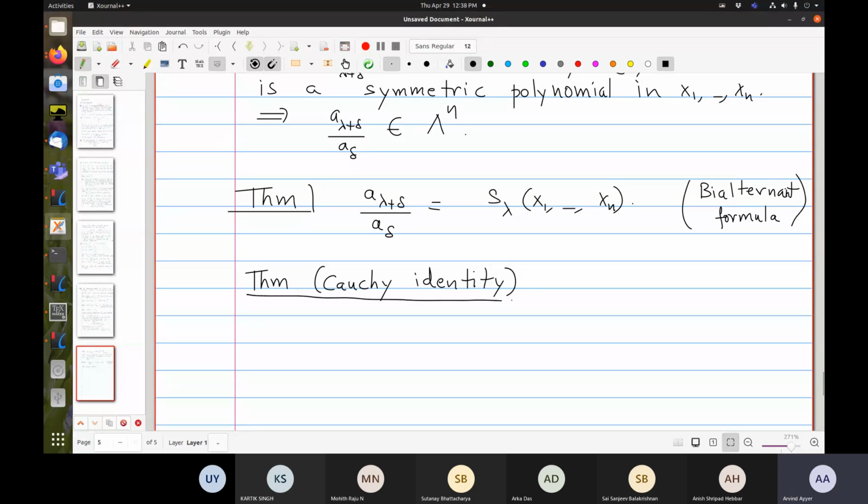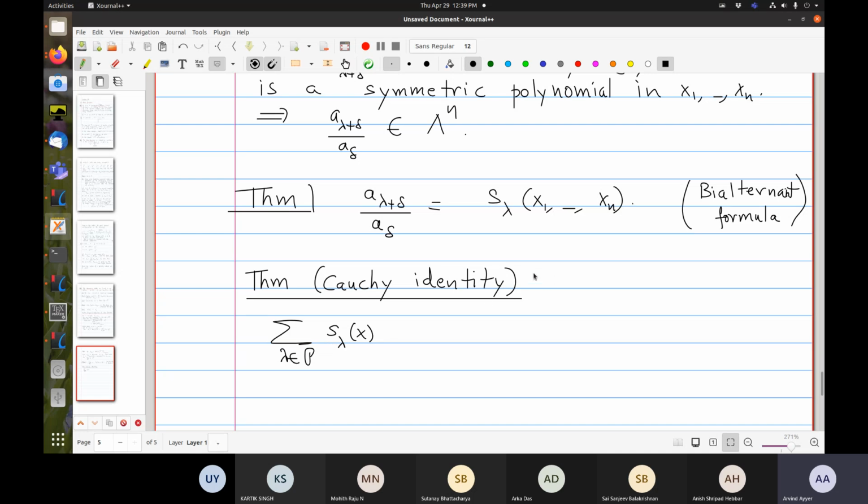A very useful and powerful and also beautiful result. So this says that if I take the sum over all partitions lambda of S lambda of x... So suppose I have two families of variables.